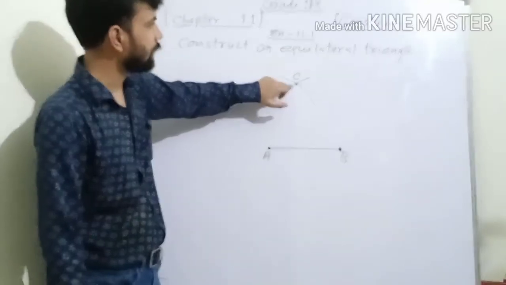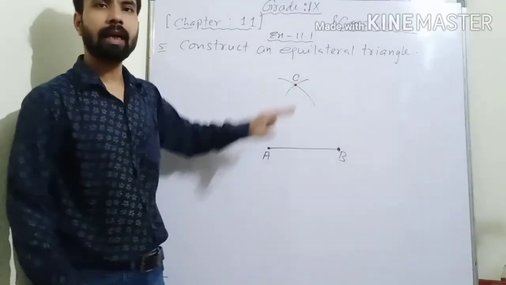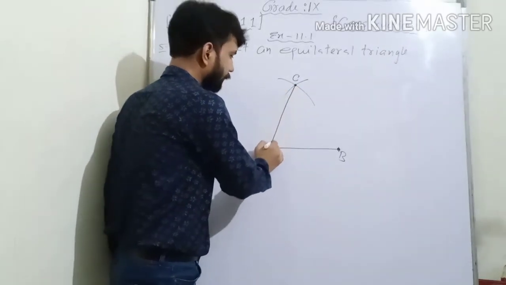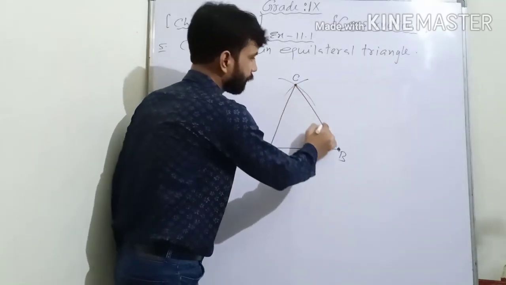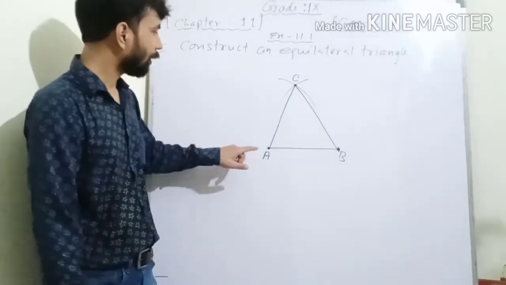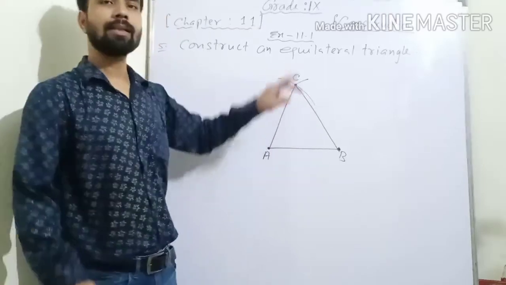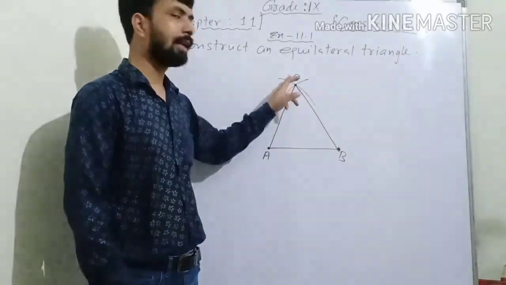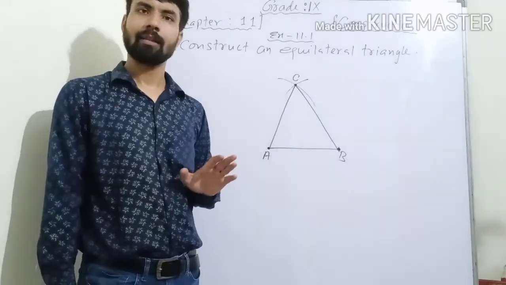Now join AC and BC with the help of a scale. Now this ABC triangle is an equilateral triangle. Understood?